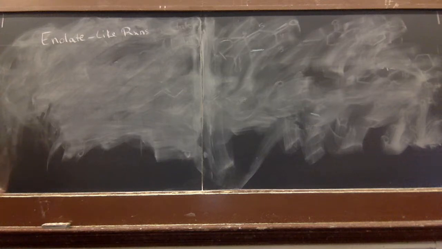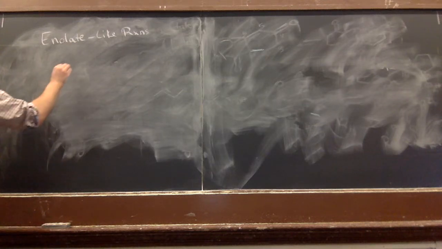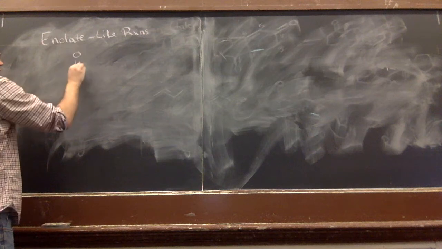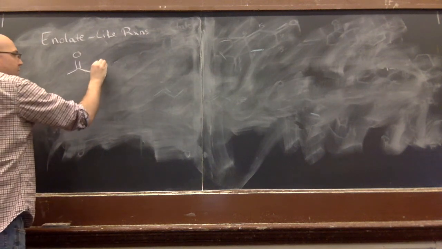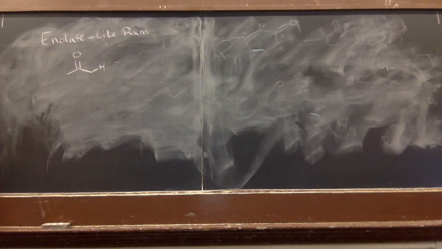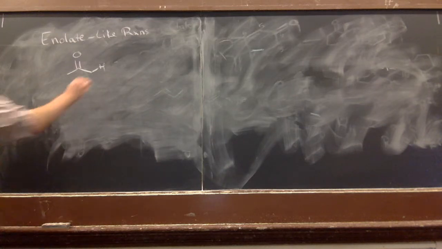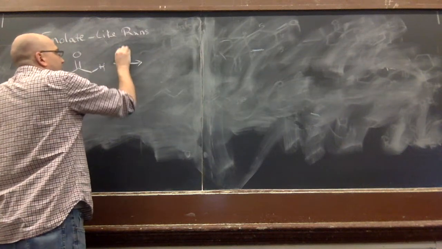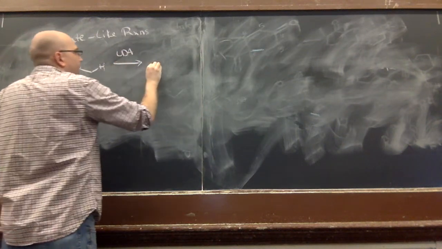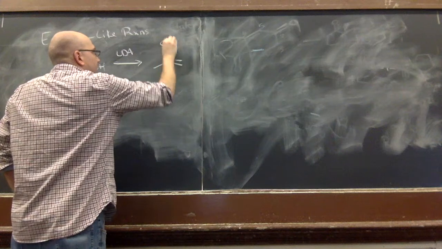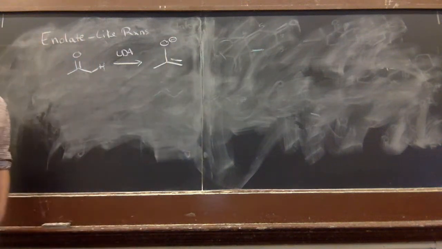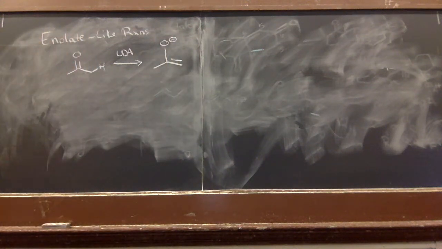But where I want to go is somewhere slightly different, and that's the idea here between the acidity of an alpha proton to a carbonyl. By virtue of being able to deprotonate this, generating a new carbon-carbon bond, you recognize that the reason you can do this deprotonation is because of this new resonance form.